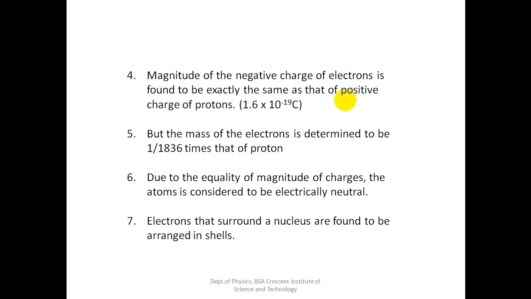This makes a balance inside the atom: if there are 10 protons inside the nucleus, there must be 10 electrons outside the nucleus. As a result, you have the neutrality of the atom. So the atom is electrically neutral, as the charges compensate each other.